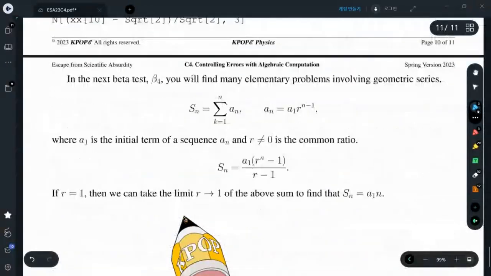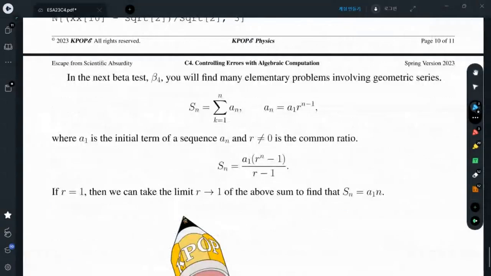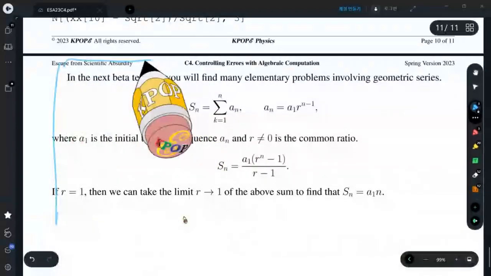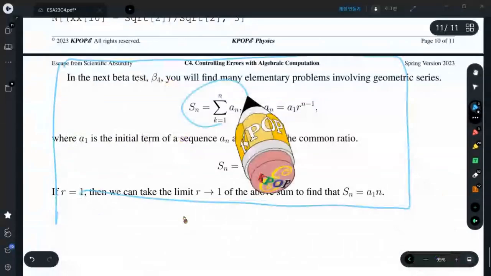Instead of asking many difficult questions regarding what I have presented today, the next main problem is just a simple geometric series.